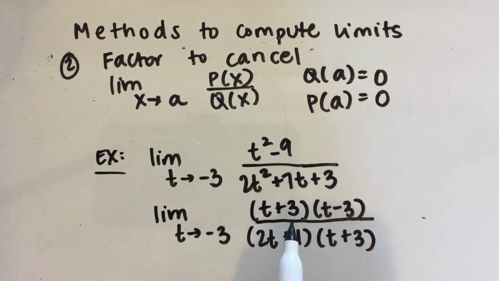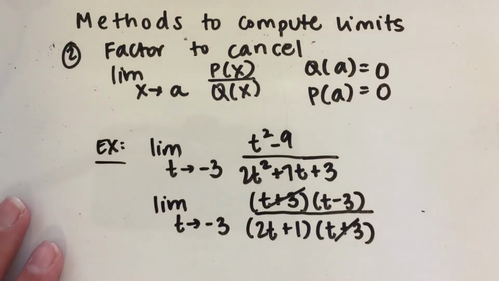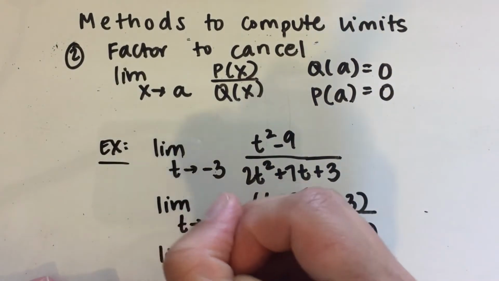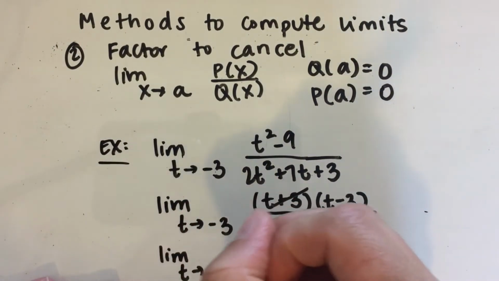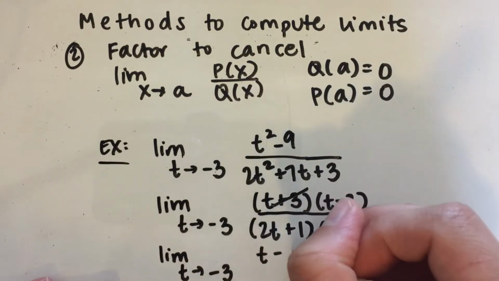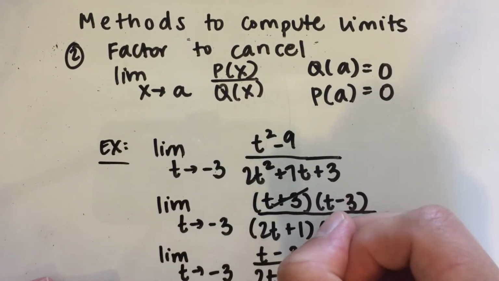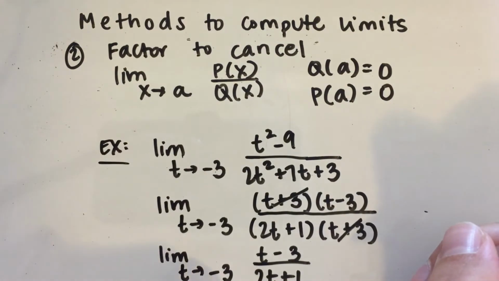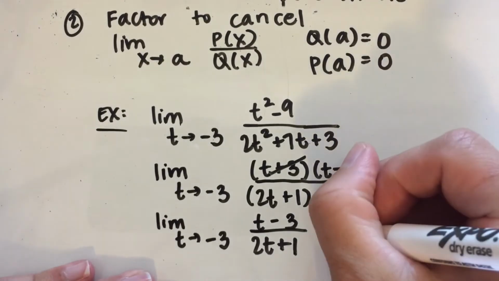Now we can cancel the t plus 3 from top and bottom, and that would actually be your hole in the graph, t equals negative 3, the portion that you cancel out. So now we have the limit as t goes to negative 3 of t minus 3 over 2t plus 1. At this point we can plug in negative 3 for t.